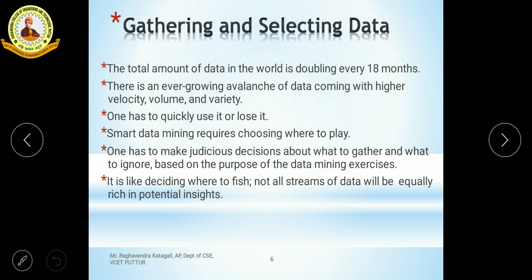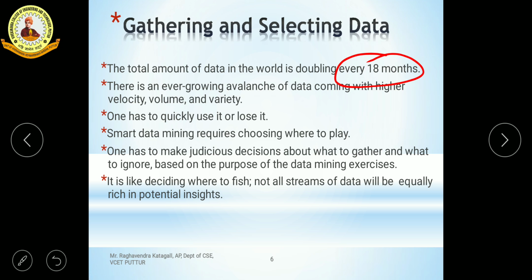It means if you have 100 TB of data in the world now, in 18 months it will be 200 TB. Can you imagine the size of data the world is having? It is in petabytes, maybe exabytes.